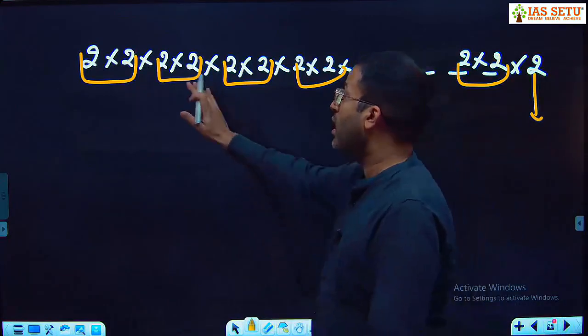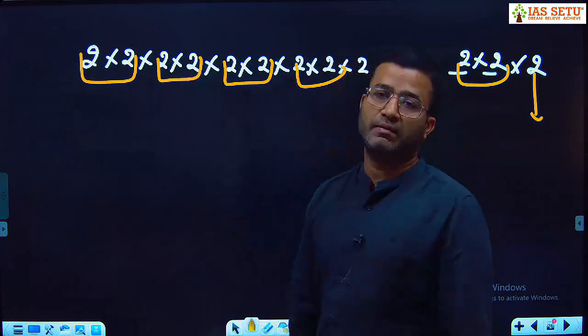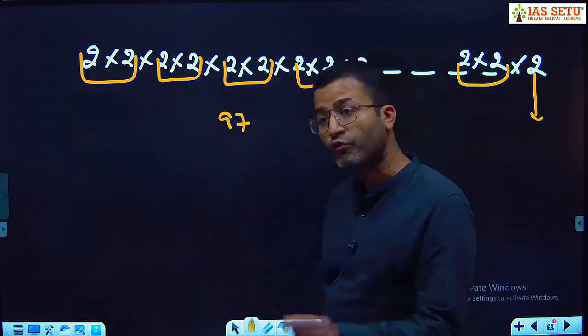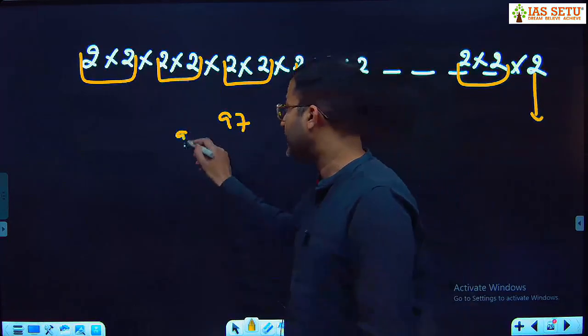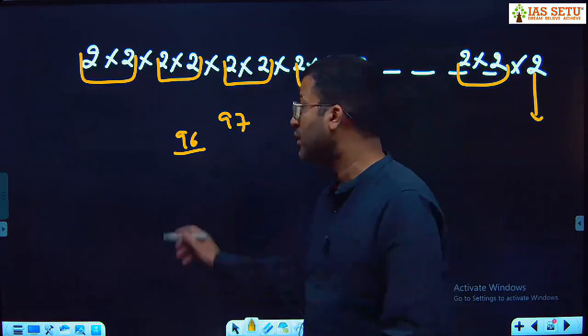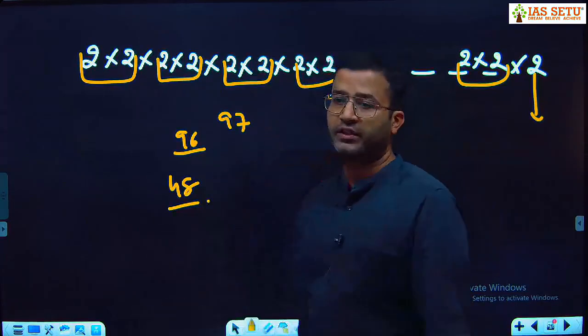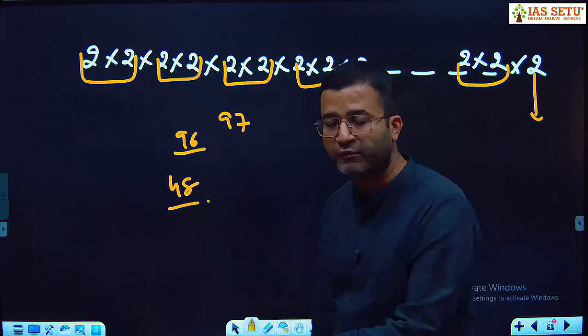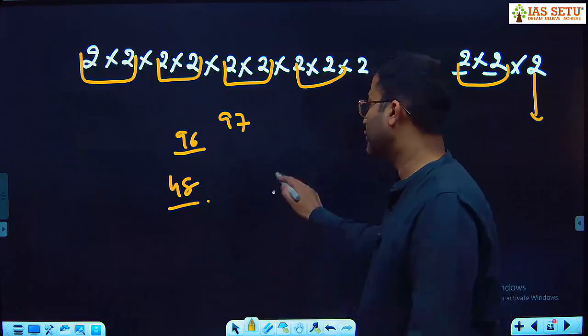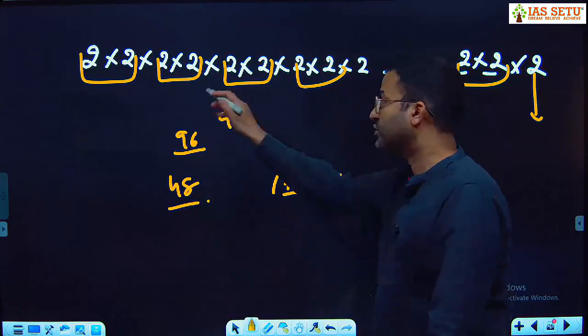So here, how many pairings can we make in 97? 48. Because 96 will help to make pairings, so there will be 48 pairings we can make. So how many 4s will be there? 48. So your answer here is 48 because this pairing is 4.